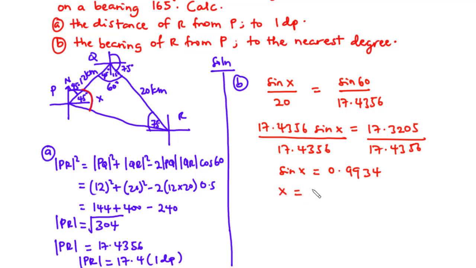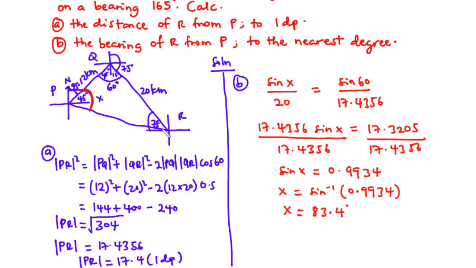Therefore, X is equal to sine inverse of 0.9934. Therefore, we have angle X to be equal to 83.4 degrees. So that is this angle X.